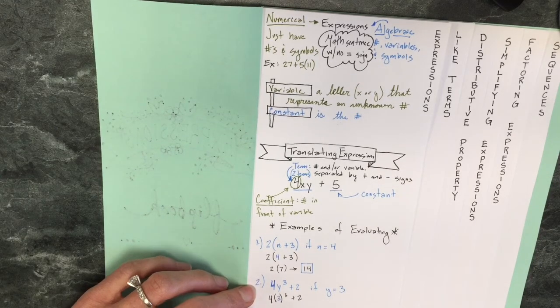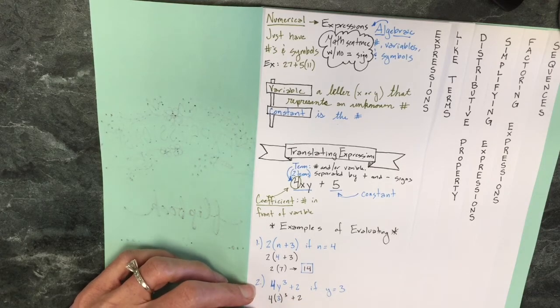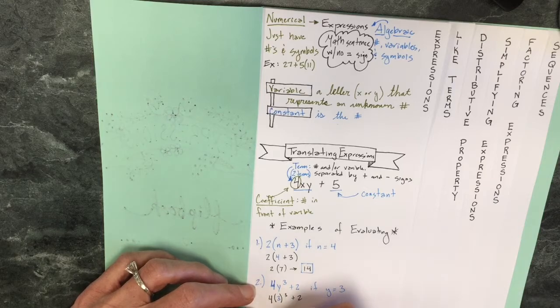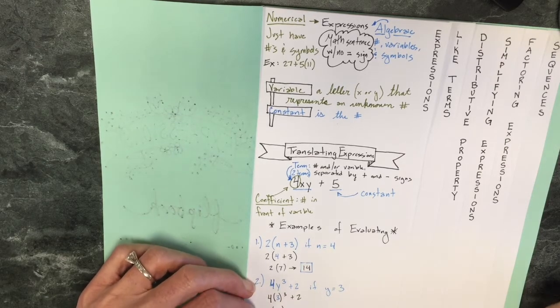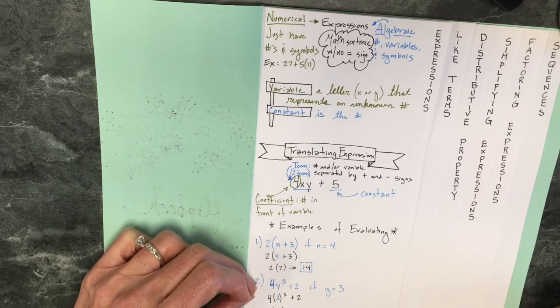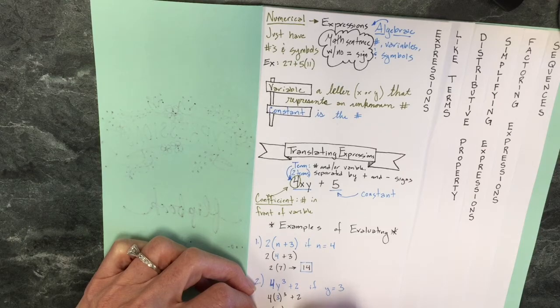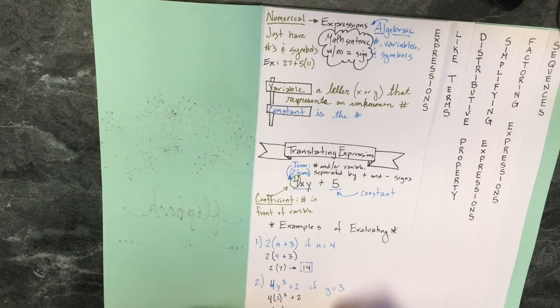I'm going to follow the order of operations. There's no parentheses, but I see exponents. 3 to the 3rd power, 3 times 3 is 9, times 3 is 27. So 4 times 27 plus 2. I've got to do my multiplication next. 4 times 27, 4 times 25 would be 100, and then it would be 108. So we have 108 plus 2 is 110. That would be fully evaluated and simplified.